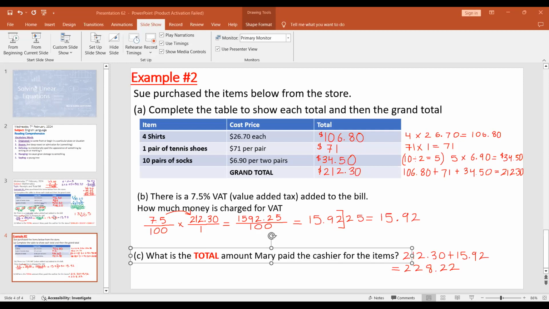We moved the decimal point 2 places to the left, and we're left with 15.92, because there was nothing to round up. And all we did was add that to our grand total, and that gave us $228.22. Very good.